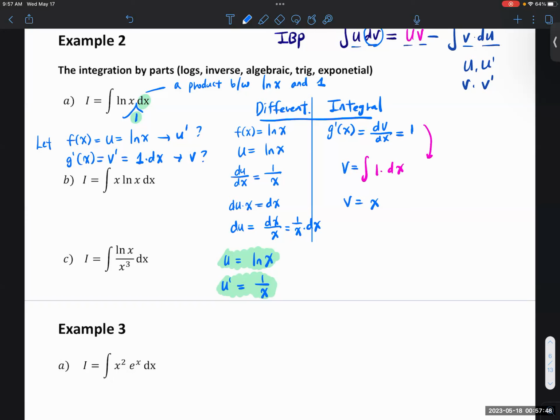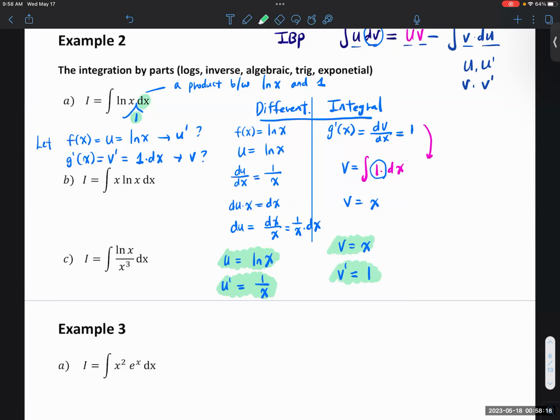Are you following? You take the integral of the second function, and then you can find out what the v was, because this is a v prime. By taking the antiderivative, which means integral, you can find out the original function. So now we have v equals x and v prime was 1. So we have every piece of information.